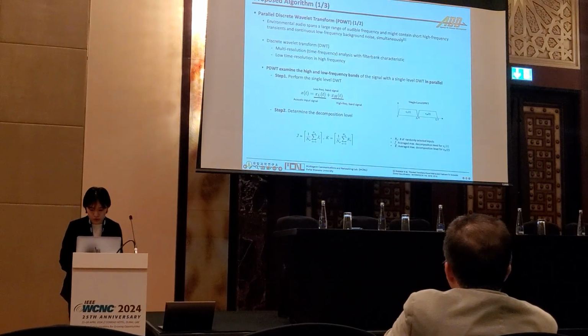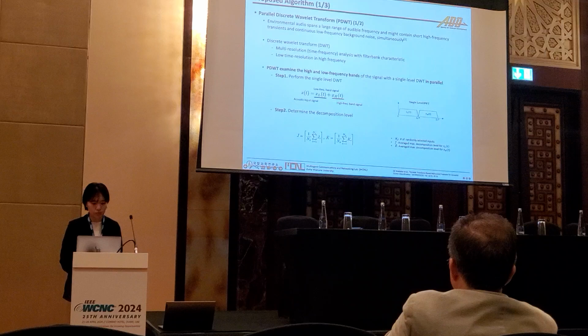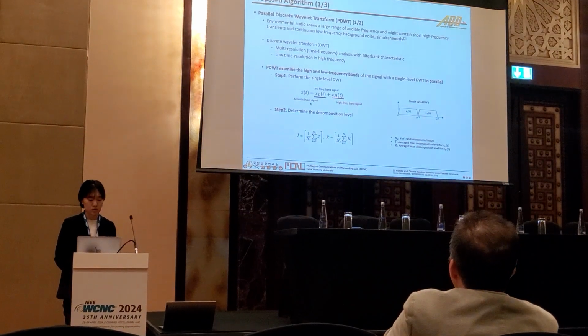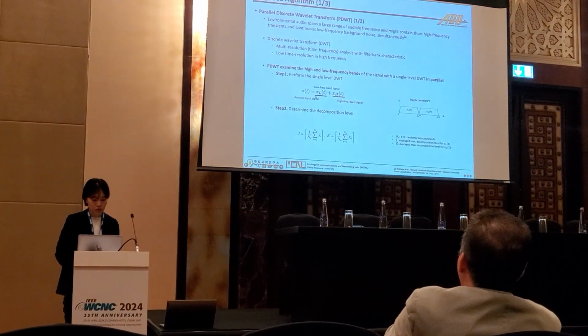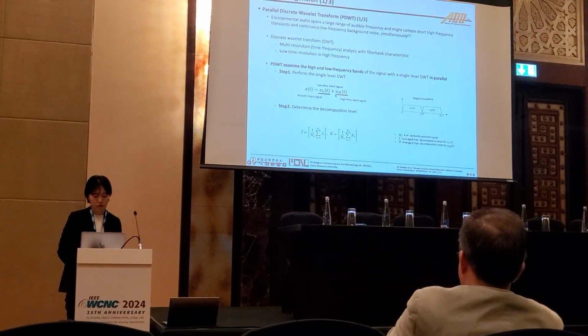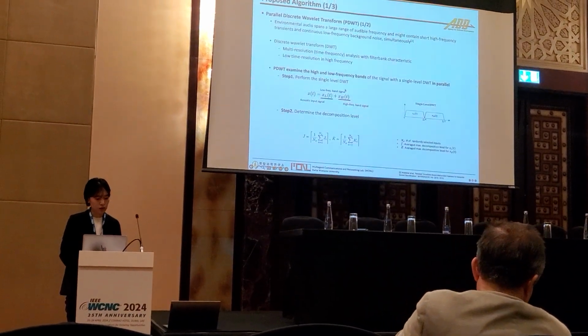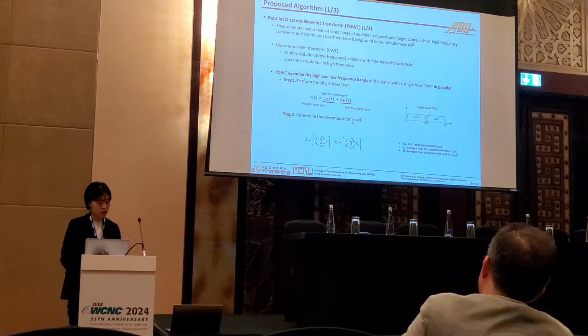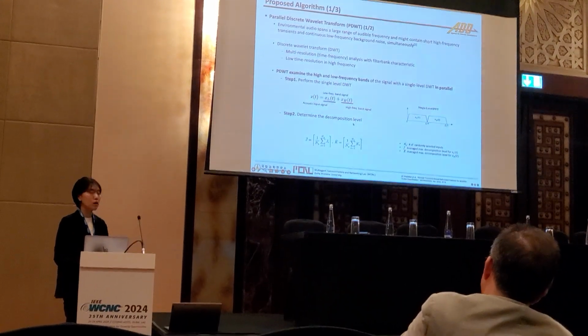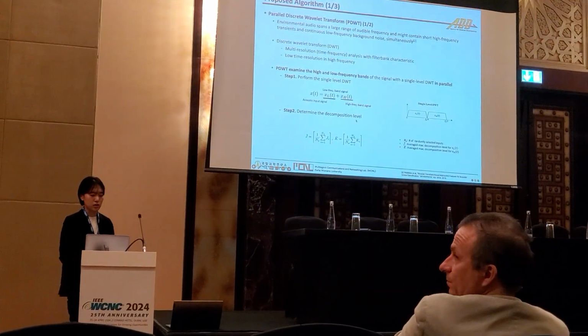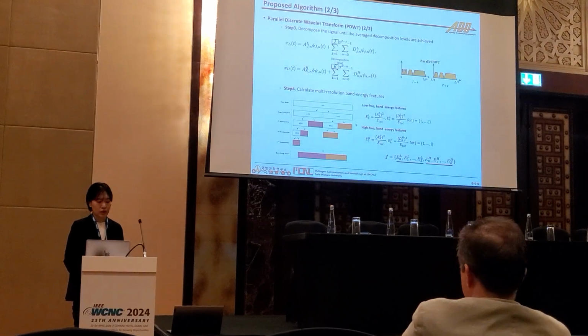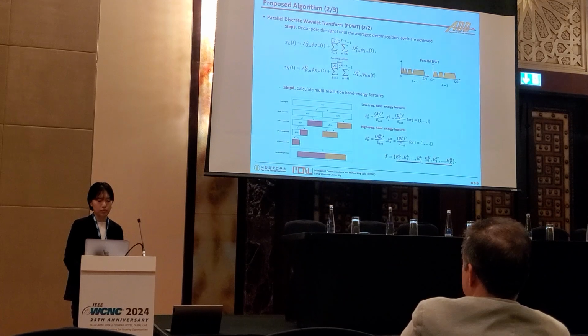Single level DWT, and we can decompose the original input signal into both low frequency band signal and high frequency band signal. And then we can determine the decomposition level of each frequency band by sampling the training data. And then we apply the discrete wavelet transform to both frequency bands.